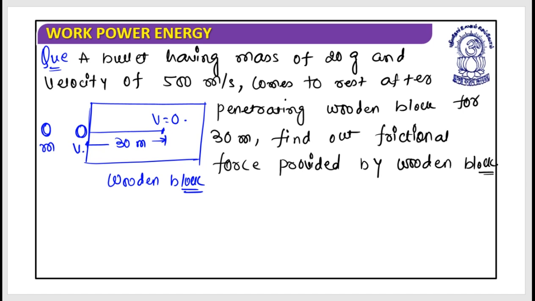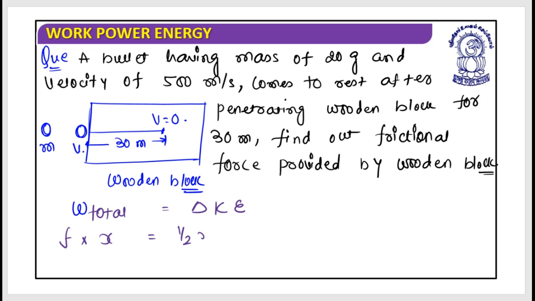So what I can have is that work done due to all the forces, it's a total work done, that should be equal to change in kinetic energy. The total work done should be equal to change in kinetic energy. So here only one of the forces is acting, and that is the resistive force by the wooden block. So what I can have, it's the friction multiplied by distance x.